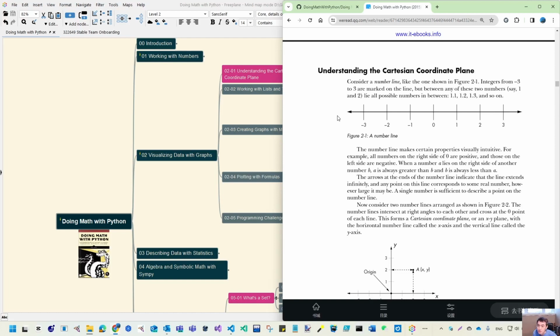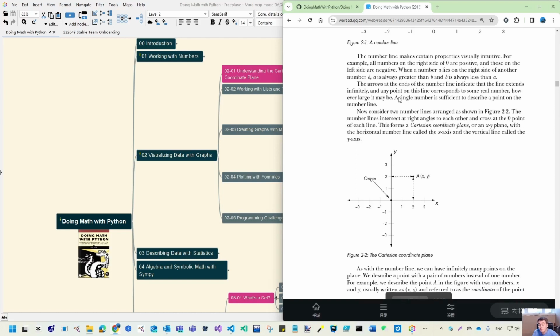So we call this one-dimension shape the number line. By default, we treat the right part as positive and the left part as negative. That is based on the generic view. So you can use a single number to represent a position on the number line.